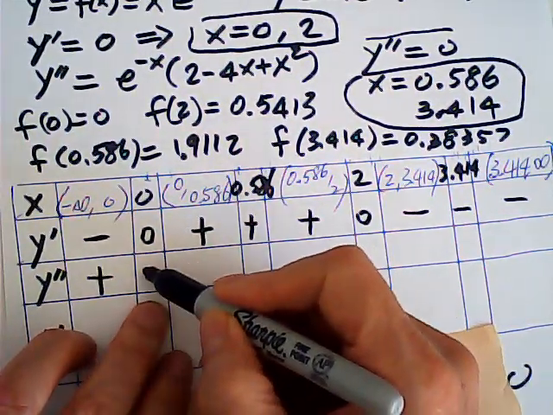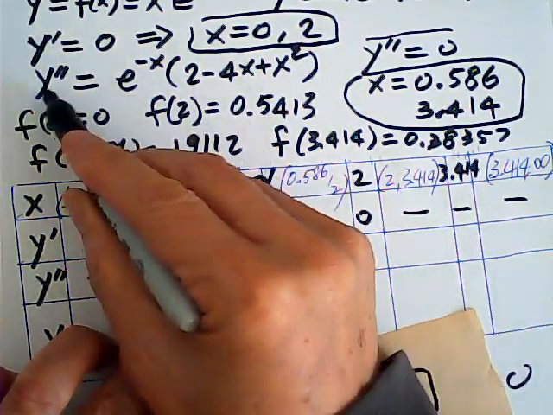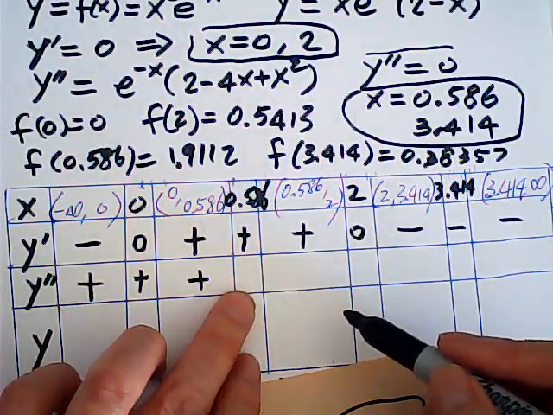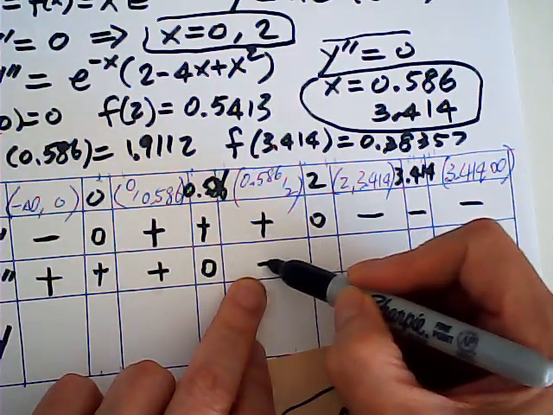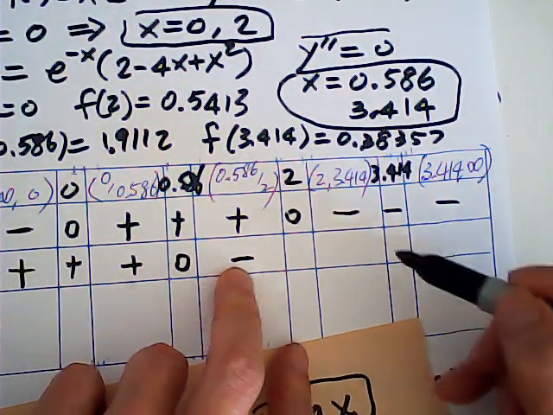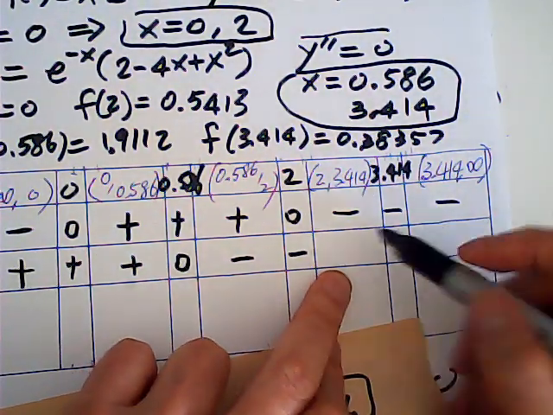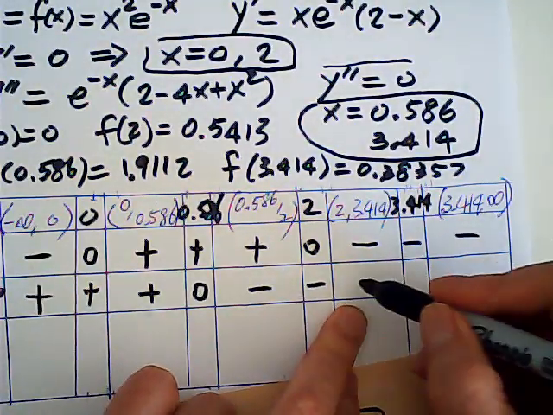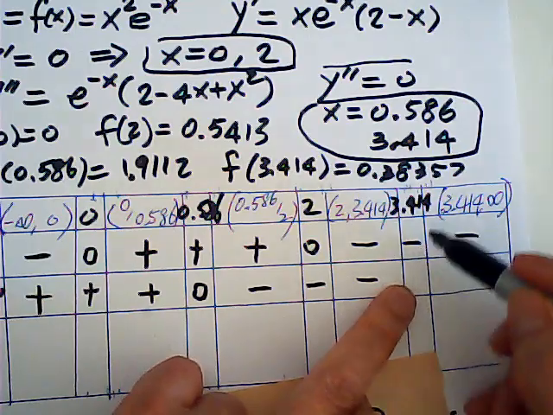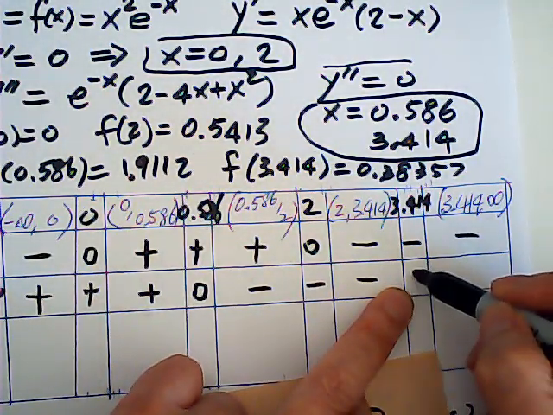And this, put a 0 here, is positive. Pick up a value, put in the second derivative, it is positive. And pick up a value here, then you get a 0. And pick up a value here, it is negative. And pick up a value, it is negative. And pick up a value here, put in the second derivative, it is negative. And this value, second derivative, is 0.